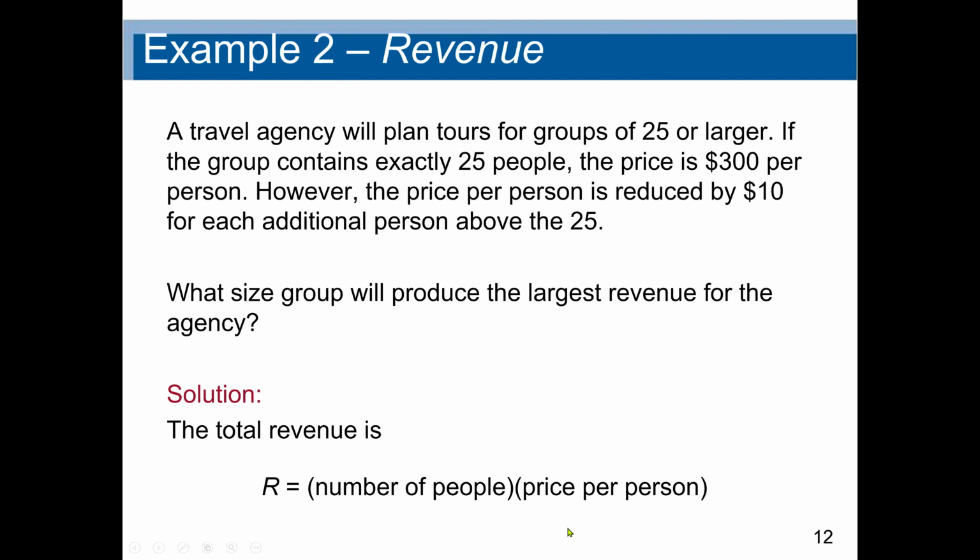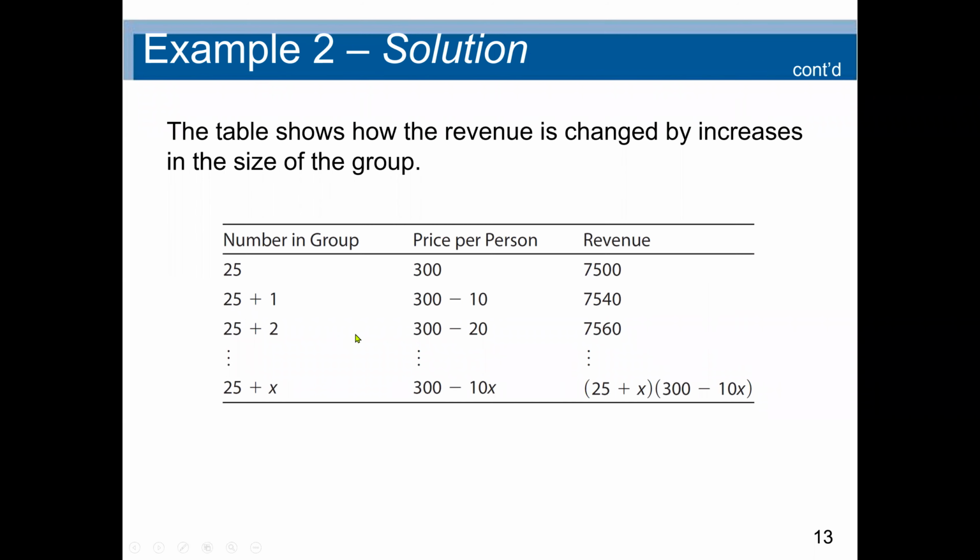But if x is more than 25, then we're going to have the first 25 times 300 plus the rest reduced by 10 per person, so it will be 10x. That's when x is greater than 25. So that's the condition we have in the table here.